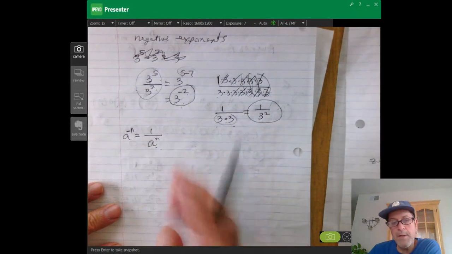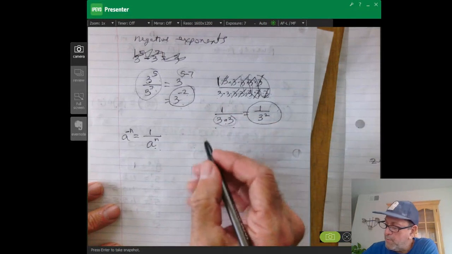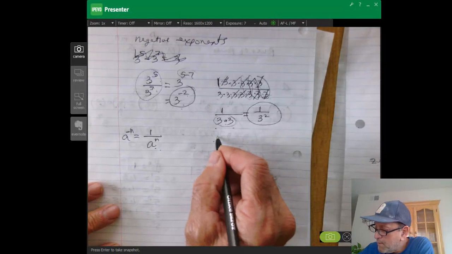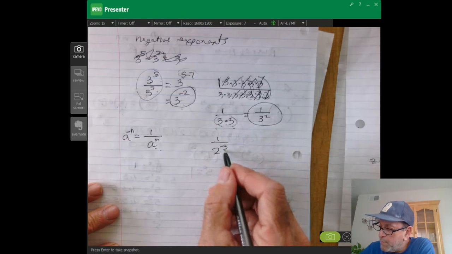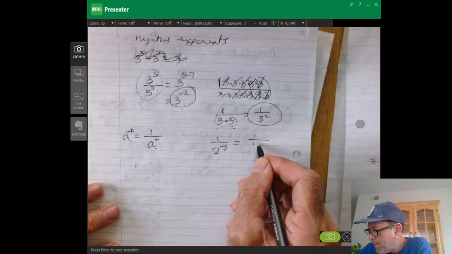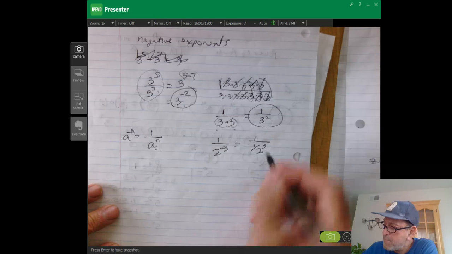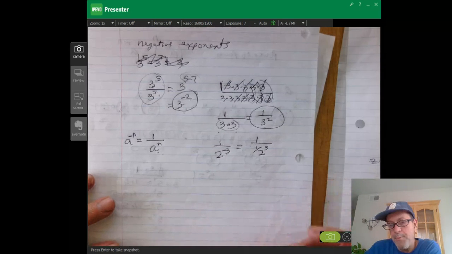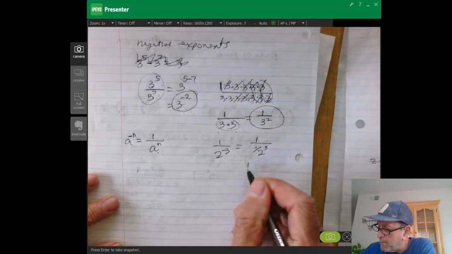If you have a negative exponent in the denominator, you can move it up to the numerator. So what I mean by that is, let's say we have 1 over 2 to the negative 3 power. This would be the same as 1 over 1 over 2 to the 3rd power. So that's 1 divided by 1/2 cubed. Remember, when you divide by a fraction, you invert and multiply.